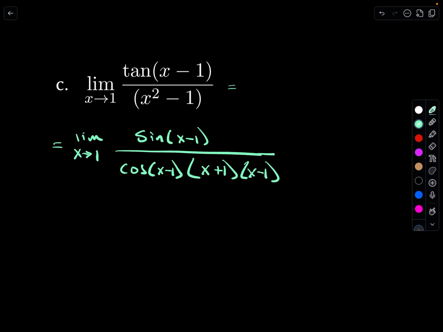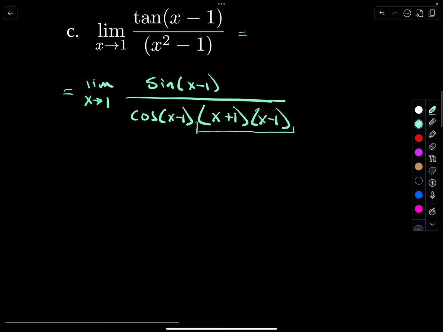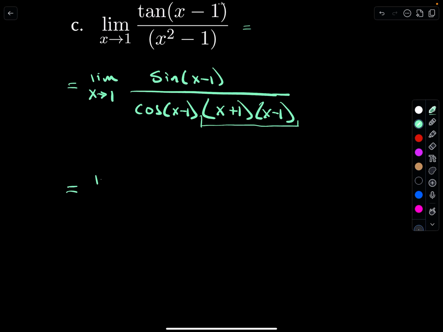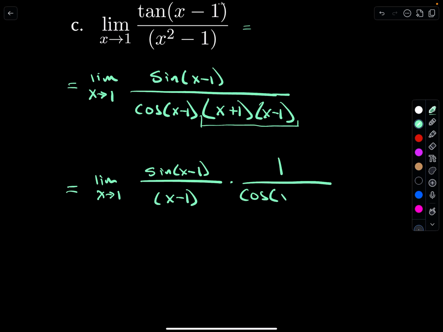So there's the first rewrite. Of course, this stuff is just the original denominator. And then I've written tangent is sine over cosine. Then we have the limit as x approaches 1 of the sine of x minus 1 over x minus 1. And then the rest of the stuff is going to go over here.